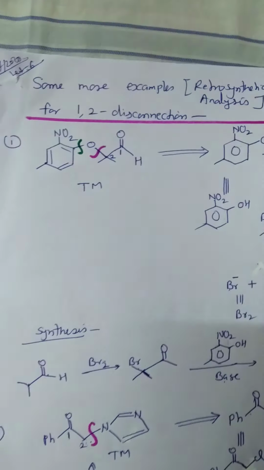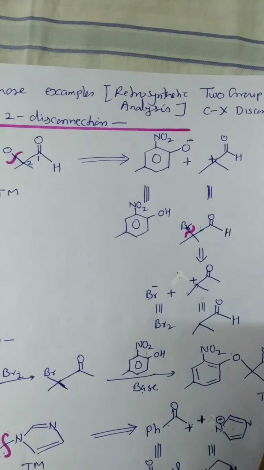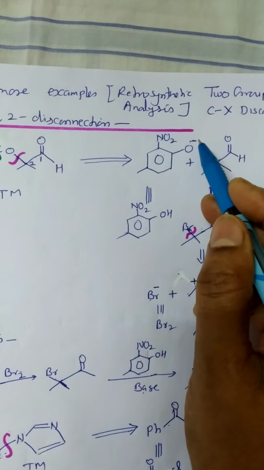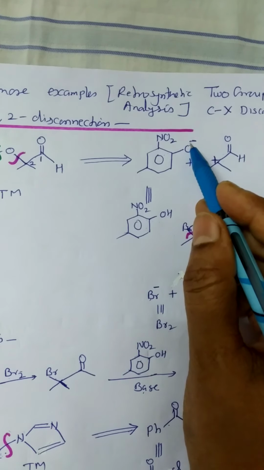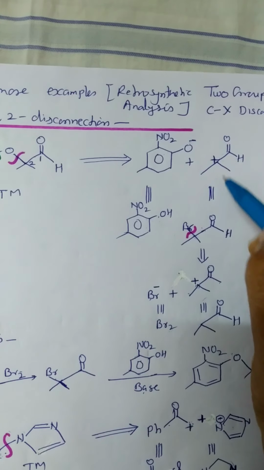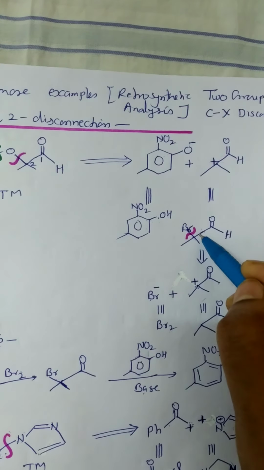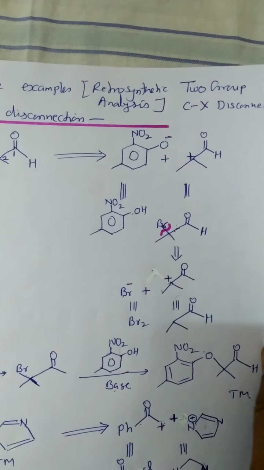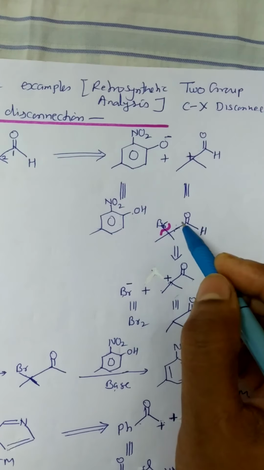After disconnection, we get these two synthons. By adding a positive atom to this synthon, we get the synthetic equivalent, and by adding a negative atom to this synthon, we get this synthetic equivalent. This synthetic equivalent is also a large molecule.